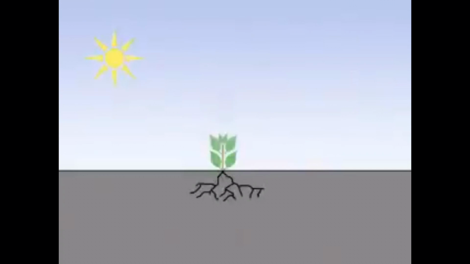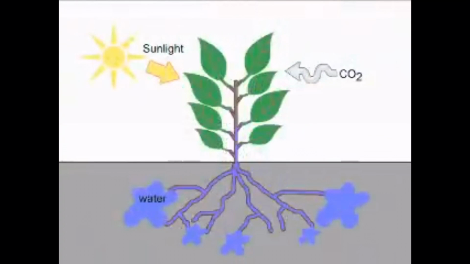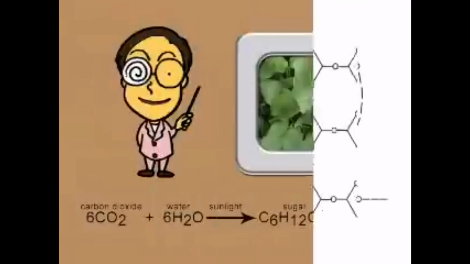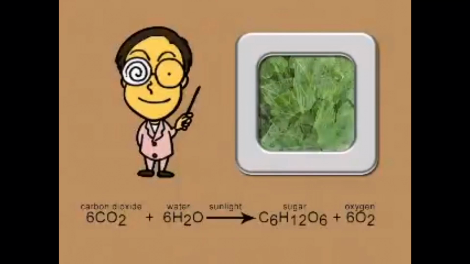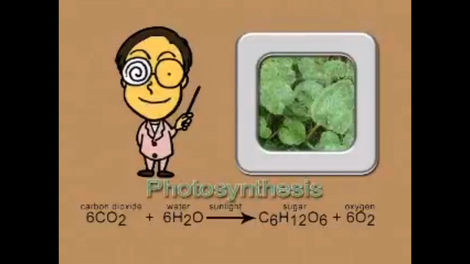If you want to know how a plant grows, it takes water, air and sunlight and makes cellulose. Every plant can do this fundamental process, and we can call this photosynthesis.